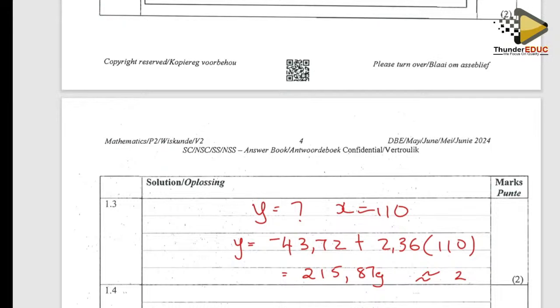So do the substitution: negative 43.72 plus 2.36 multiplied by 110. When I punch this into the calculator, we get 215.87 grams. You can approximate this to 216 grams, so that it fits the rounding within the table.